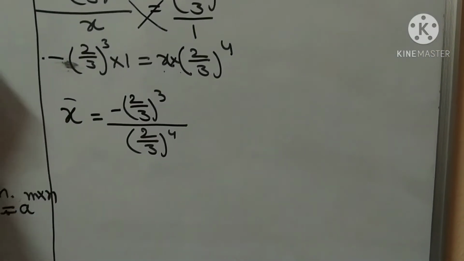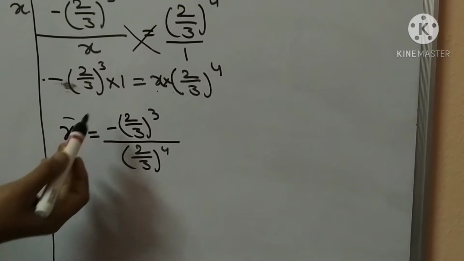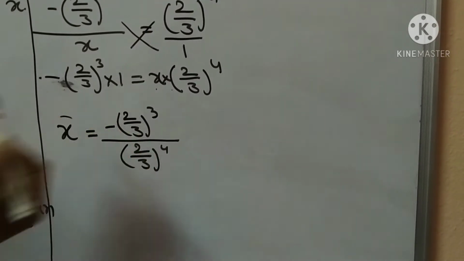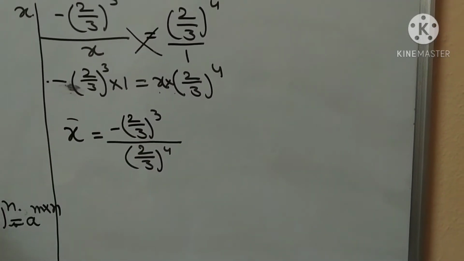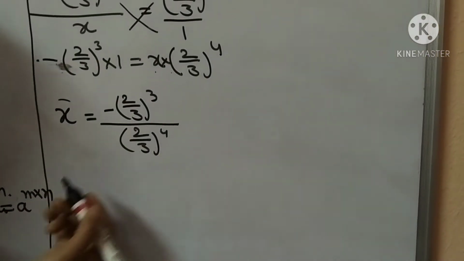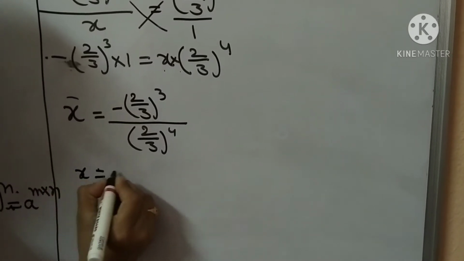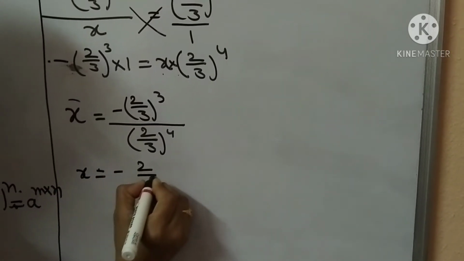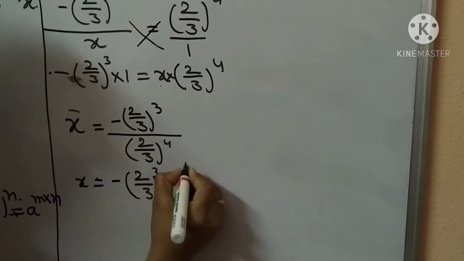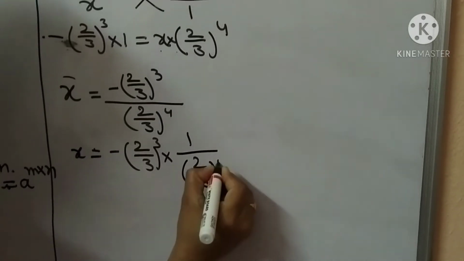We have to find the number. So x equals (-2/3)^3 divided by (2/3)^4. So here write x is equal to (-2/3)^3 into 1 by (2/3)^4.